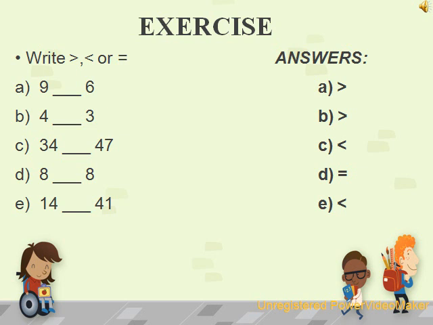Which number is bigger? Yes, 41. So the mouth will open on right hand side. I hope with the help of this exercise the concept of greater than, less than and equal to signs is clear.